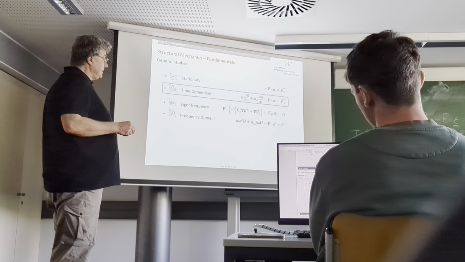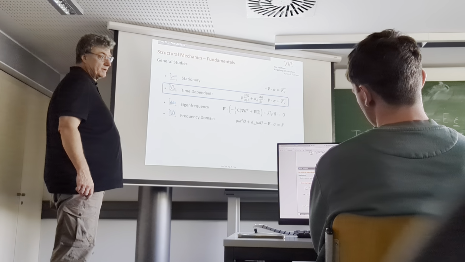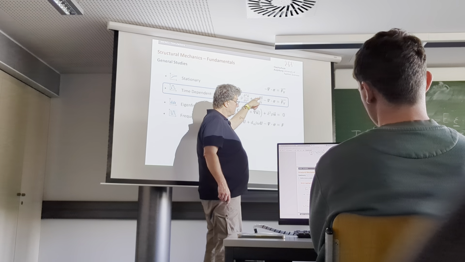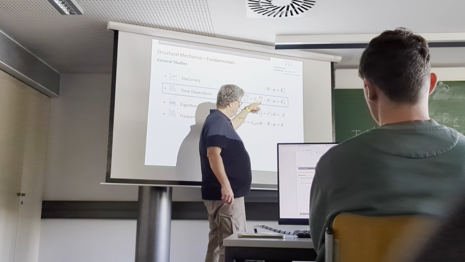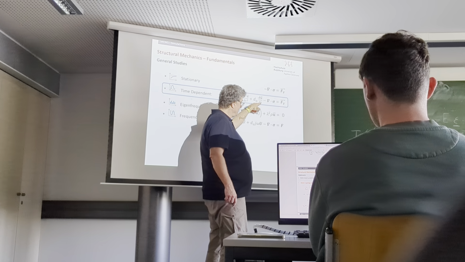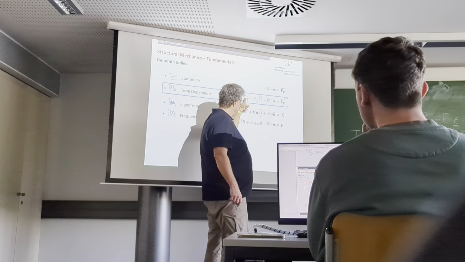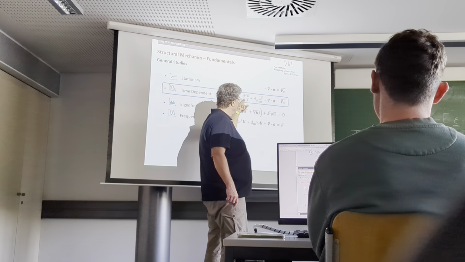That may remind you of what you know from oscillators, the spring mass oscillator. This looks a little bit like velocity, doesn't it? U derived with regard to time, and this is like acceleration. And if this is acceleration, what could this be?